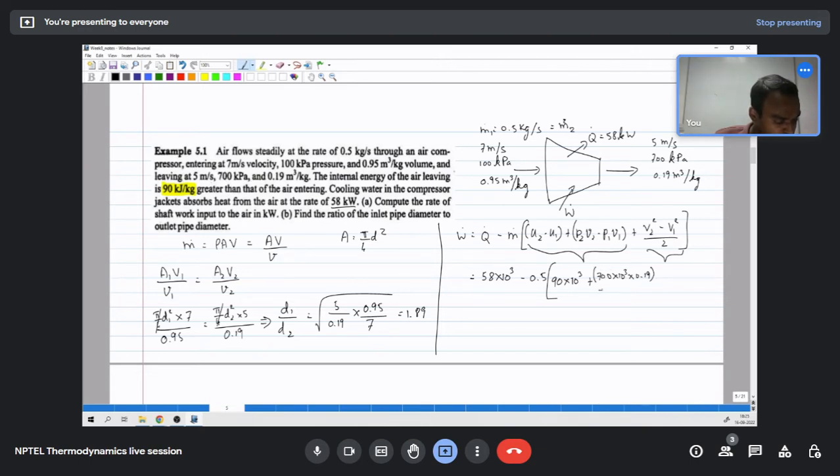This minus P1 V1. P1 is 100 kilopascals, 100 into 10 power 3 into V1, which is 0.95. Then I have the change in kinetic energy, that is V2 square minus V1 square. V2 is 5 square, minus V1 is 7 meter per second.